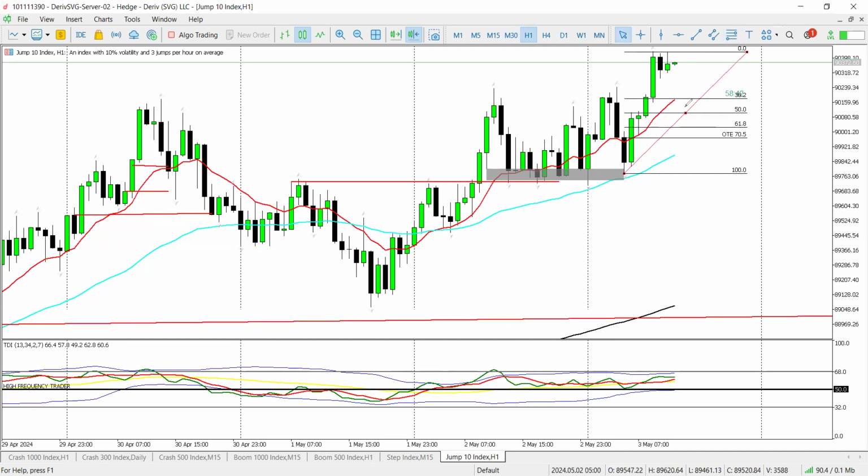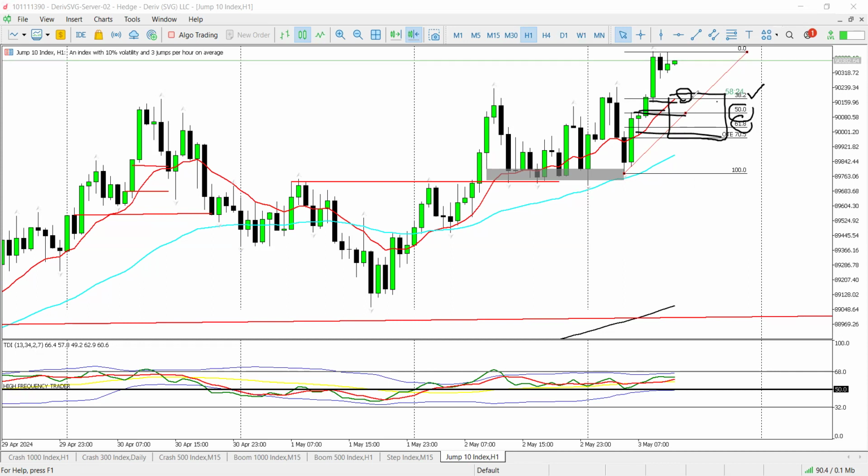Our points of interest will form anywhere in this area, starting from the 13 EMA, which will be around 38.2, to this fair value gap here, which will be around 50, to this order block here, which will be around 61.8. So this whole area is a point of interest for us to get a buy. That's only if price retraces from here.